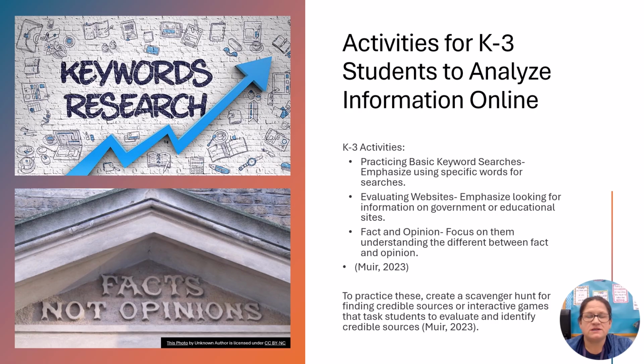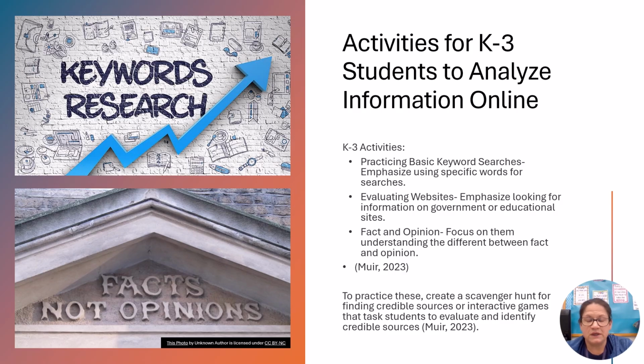From a young age, it is important for students to be able to analyze information that they come across or research online. For kindergarten through third grade, practicing specific keyboard searches, evaluating websites, tell them to particularly look for educational or government-run websites because they tend to be the most reliable, and discuss with them specifically what fact and opinion is.